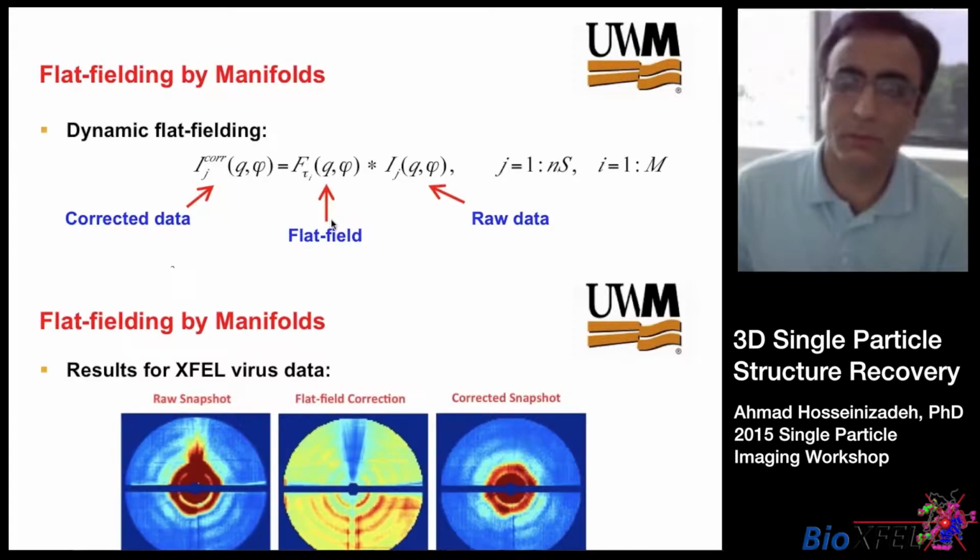This is the goal, to make I independent of phi, just a function of Q. If we put this flat field here and follow this procedure, at the end we will see the corrected I in the tau interval will be independent of phi. This means that we have applied azimuthal symmetry to the data.